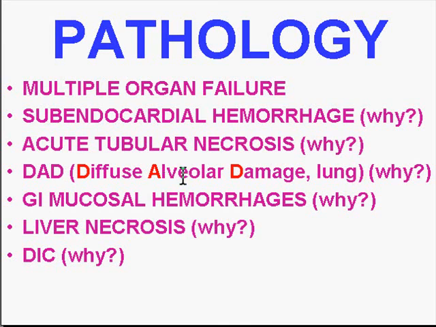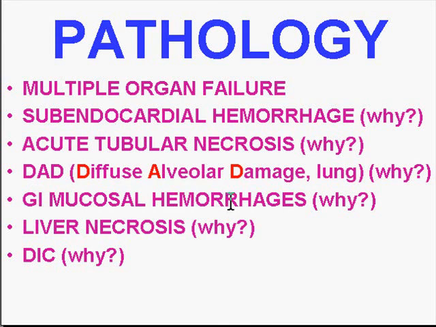In the lungs, you have diffuse alveolar damage. Why? Release of cytokines, damage to endothelium, leakage of fluid, and the lungs then look like acute pulmonary edema with leakage of cells and proteins. That's a definition of diffuse alveolar damage, sometimes called adult respiratory distress syndrome.